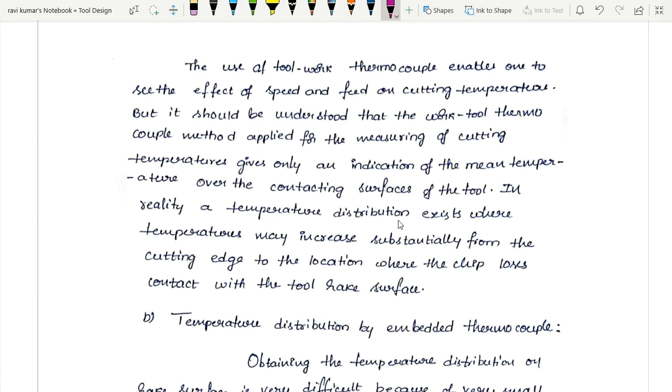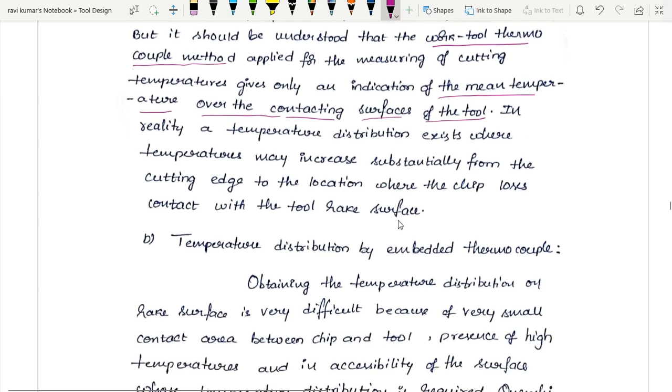Therefore, the tool work thermocouple setup, which we have seen there, is going to give the mean temperature. It is only a mean temperature over the contacting region. It's not the temperature at different places. It's only an average temperature, right?